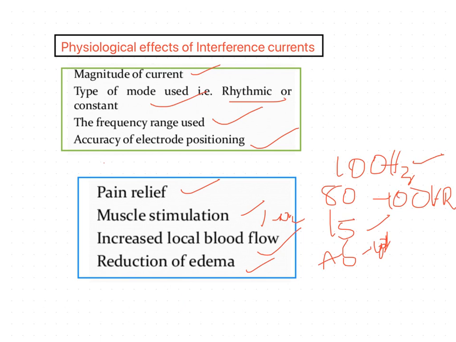Okay, next one is the reduction of edema, and this can be accelerated by the frequency of 1 to 10 Hz rhythmic. 10 Hz rhythmic is used to reduce edema. Okay, so as a rhythmical pumping action is produced by muscle contraction, and there is possibly an effect on the autonomic nerves which can affect the diameter of the blood vessels and therefore the circulation.